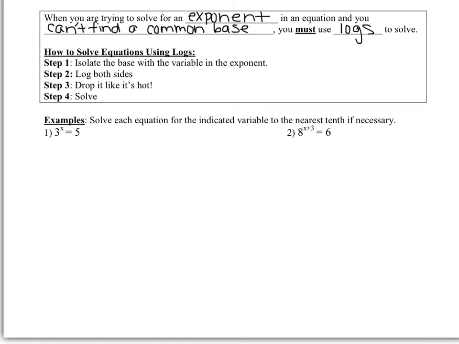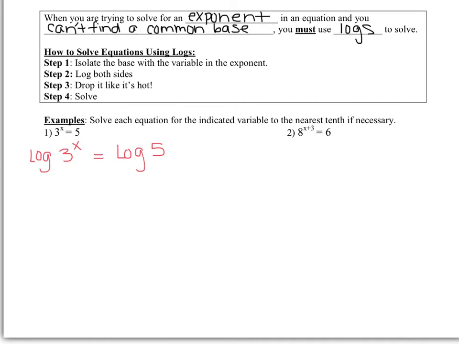So now here's the trick. You know how you can multiply both sides of the equation by 2 or 4 or add or subtract and it's all the same? We can log both sides of an equation. So we're just going to basically say whatever I do to one side, I'm going to do to the other. So I'm literally going to add a log. So we're going to do log of 3 to the x equals log of 5.